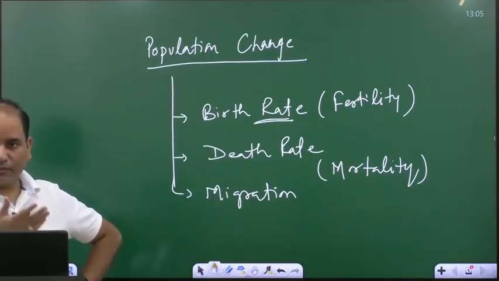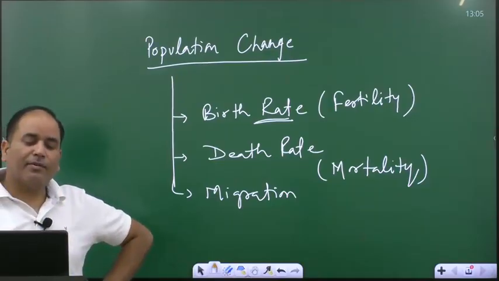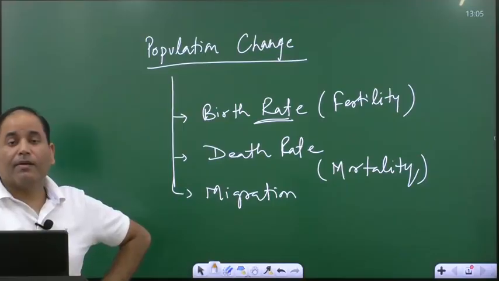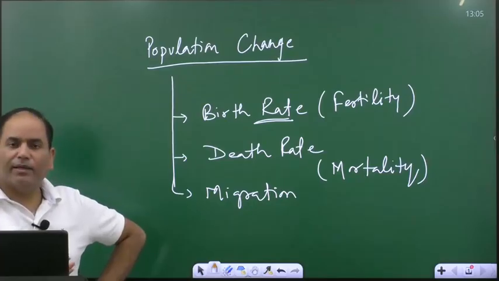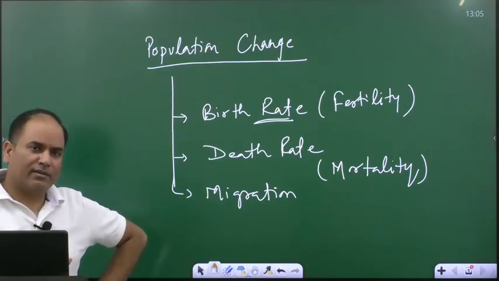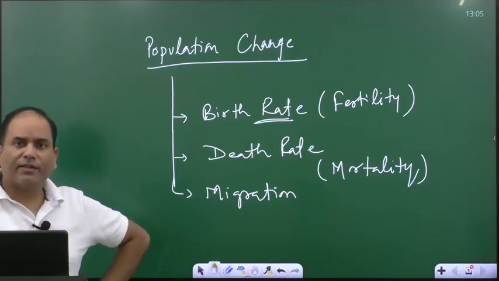Because in this session I have given a very good example, whether you have noted it or not, Delhi. In general, the birth rate and death rate in Delhi, Mumbai, Kolkata are almost similar. We are not having much difference in terms of availability of resources and healthcare facilities.